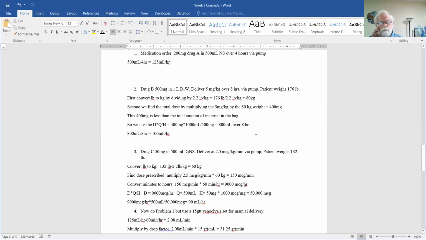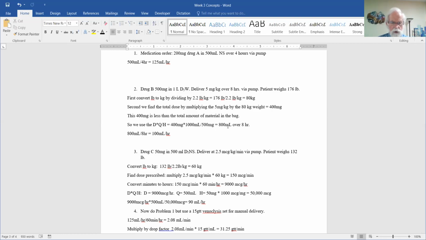Now, quite frankly, if you wanted to solve this a different way, looking at and calculating the total volume, and looking at that rate, that's okay with me. I don't care how you get the right answer. I've said this to my students for years.